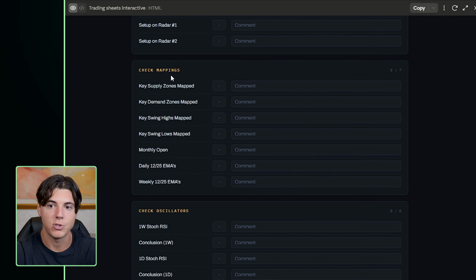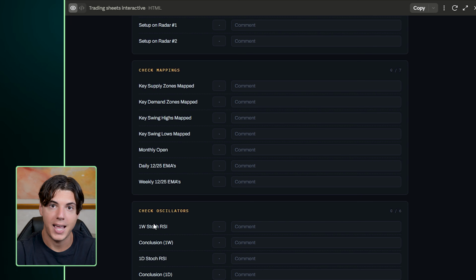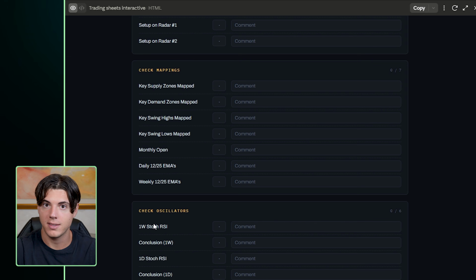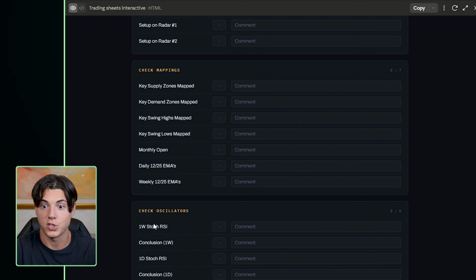Then mapping key levels like supply and demand, swing highs, swing lows, the daily, weekly EMAs, for context. So for oscillators, I use the stochastic RSI and the RSI. So stochastic for me is used in my range trading system to help increase the win rate. And then the RSI is also used in either my range extreme, but mostly my mean reversions to identify these bearish or bullish divergences.